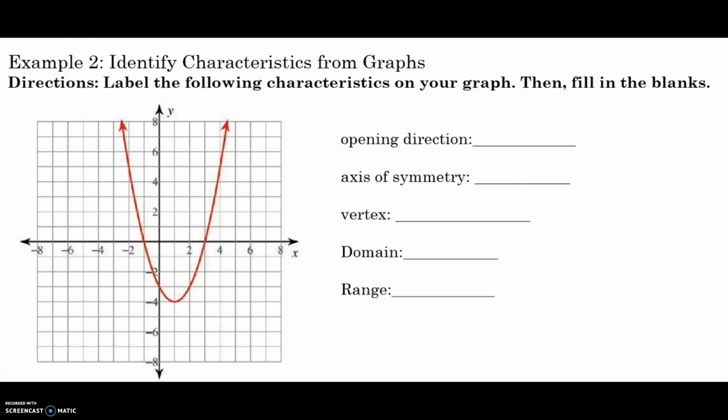Let's try a couple examples together. Taking a look at this first example here, we're looking to identify 5 different characteristics from the graph that we're given. So looking at this first parabola, we should notice that the opening direction is upward.